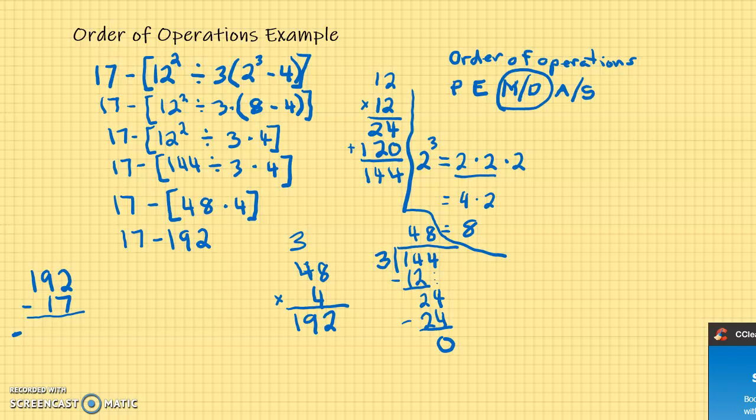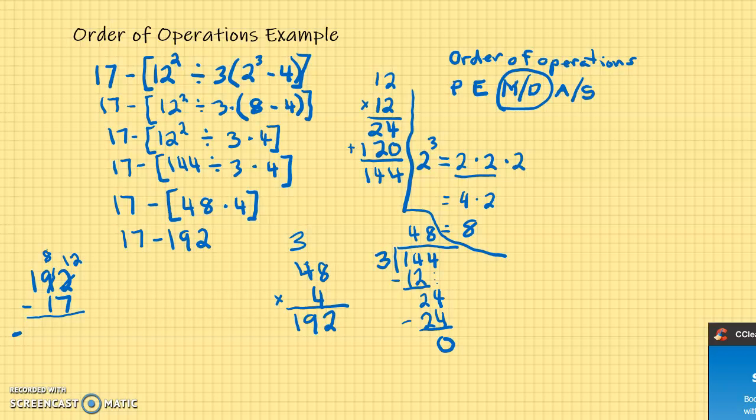So we're going to have to borrow from the 9. So we're going to have to cross out the 9 because we're not using it anymore. We borrowed a 1 from it, so the 2 becomes a 12. We took that 1 in the tens place, which is like getting a 10. We're adding a 10 to the 2. And that gives us 12. And this becomes 8 right here.